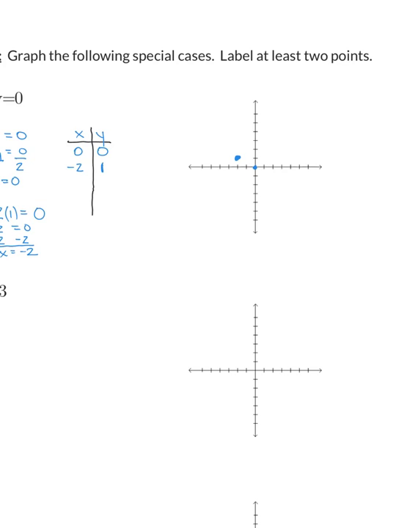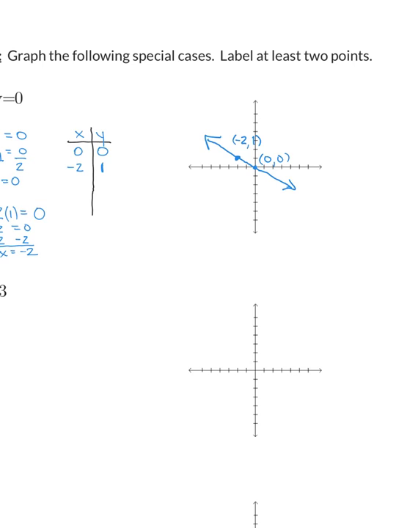Now that I have my 2 points, I can go ahead and draw my line and label. Now, depending on what kind of format you're using in order to graph these equations, this one really doesn't qualify as a special case.